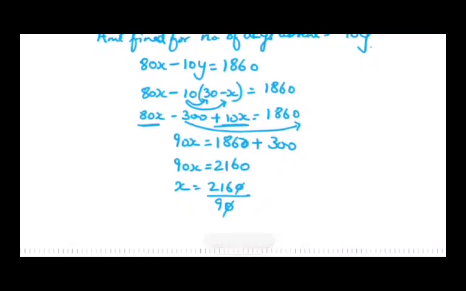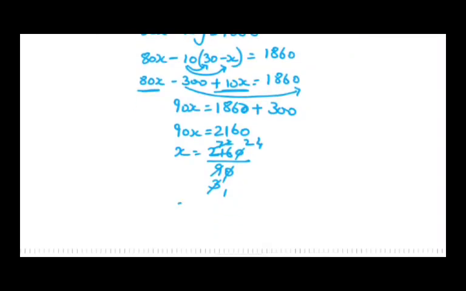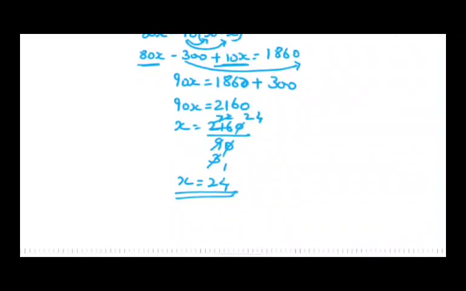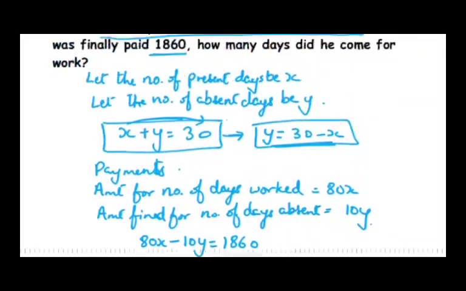Cancel. 3 3s are 9, 3 7s are 21, 3 2s are 6, 3 1s are 3, 3 2s are 6, 3 4s are 12. So number of days which we've taken as x, he's worked for 24 days. Okay, so what is the question?